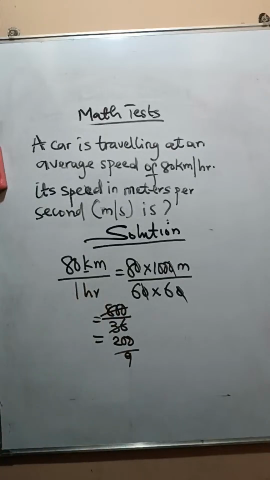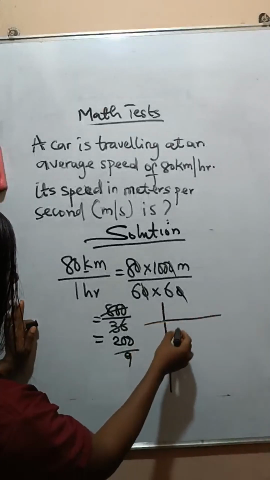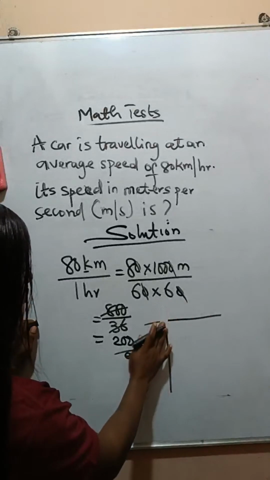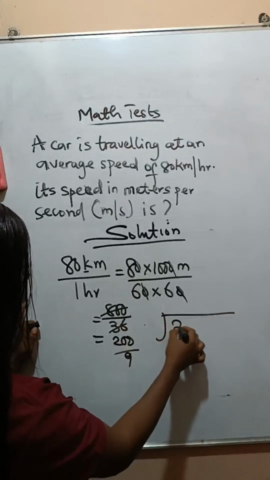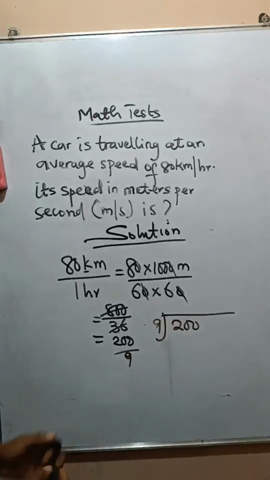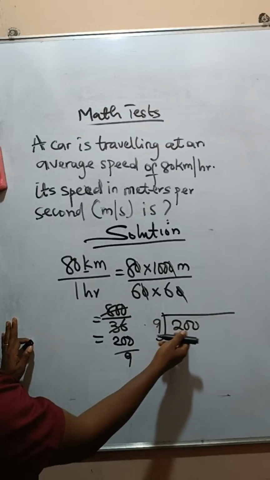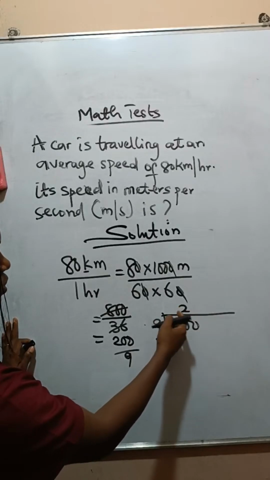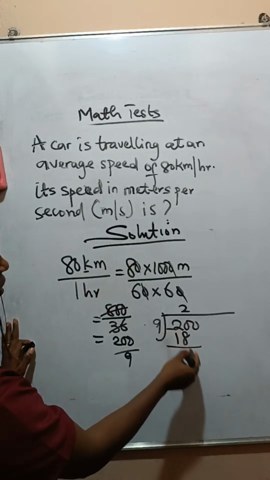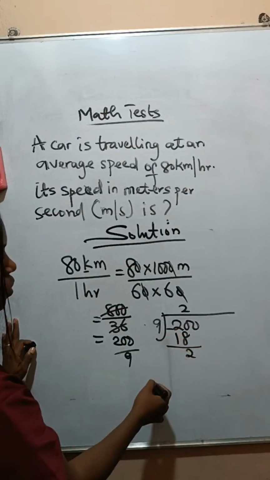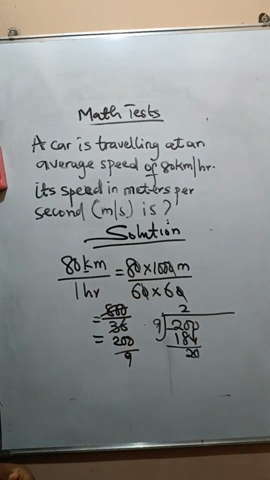If you use the long division method to solve this, we have 200 divided by 9. Okay. Now, 9 dividing 2 is not possible. If we divide 20, we have 2. 2 times 9 is 18. Okay, 20 minus 18 is 2. Now we bring down this 0 and we have 20.